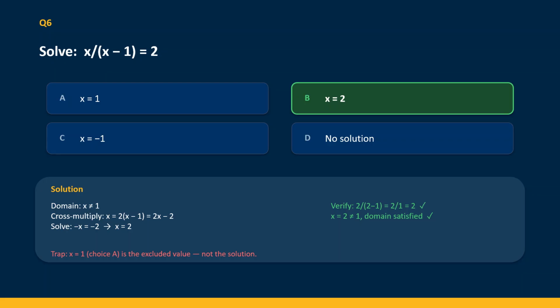Choice D, no solution, would be correct only if the algebraic candidate were extraneous, but in this case the candidate x equals 2 passes the domain check. The no solution option tests whether students can distinguish between equations that have extraneous solutions, and hence no valid solution, and equations whose candidates happen to survive verification.